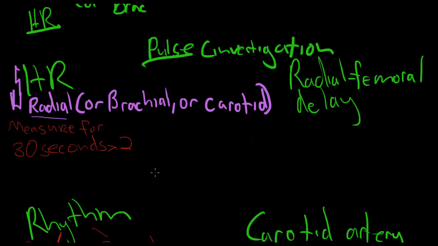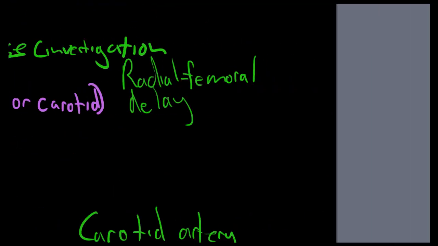Alright, so what else are we going to do? While we're on the radial, we're going to talk about the radial-femoral delay. So here you feel the radial and the femoral at the same time, and you feel for a delay. In a healthy person, there should be no delay. Equals normal.